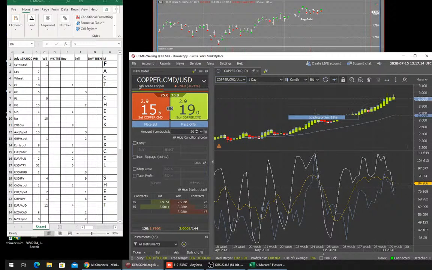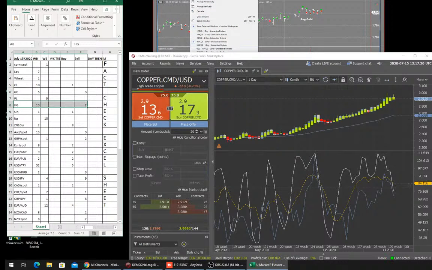Wow, cool. You can see on, what's that, line 8. 13 weeks in a weekly buy, but 2 days in a daily sell. Let's take a look at it. Let's see if we can find it. Oh, it's right here. That's where it is.